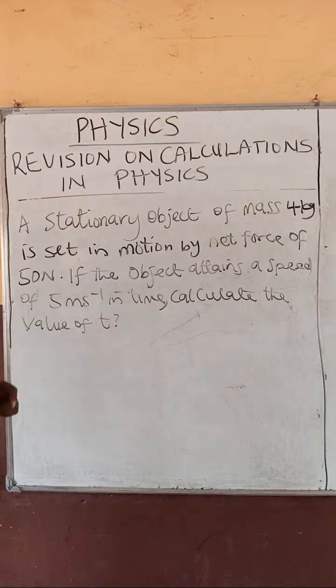If the object attains a speed of 5 meters per second in time t, calculate the value of t. Let me go again. A stationary object of mass 4 kilograms is set in motion by a net force of 50 Newton. If the object attains a speed of 5 meters per second in time t, calculate the value of t.